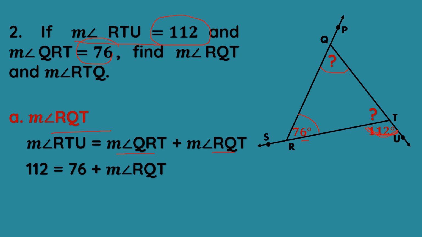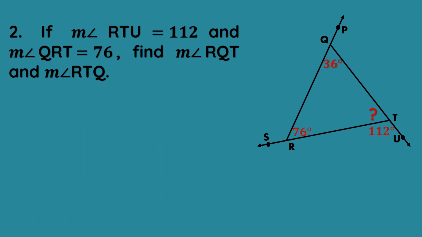By addition property of equality or by transposition, we copy 112, then 76 will be moved to the left and becomes negative 76. Then we copy the measure of angle RQT. The difference of 112 and 76 is 36. So the measure of angle RQT is equal to 36.